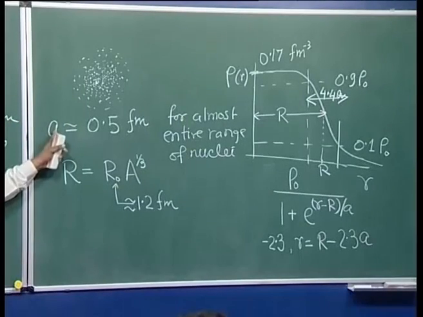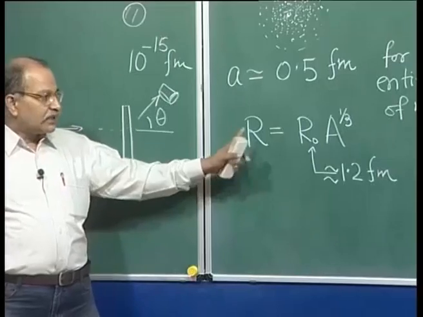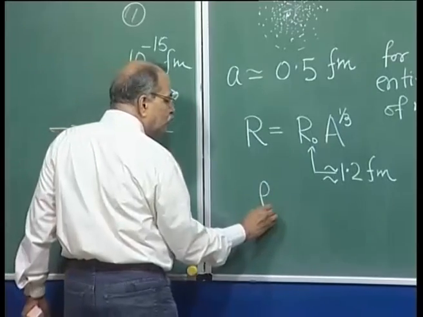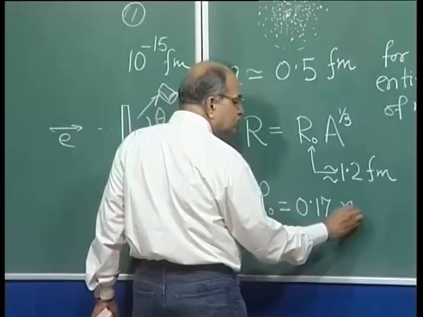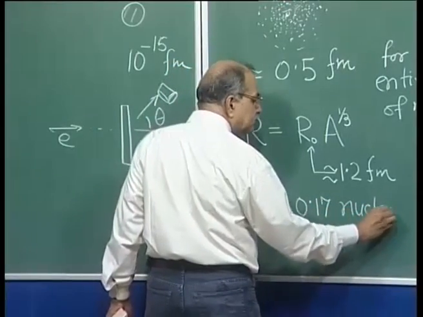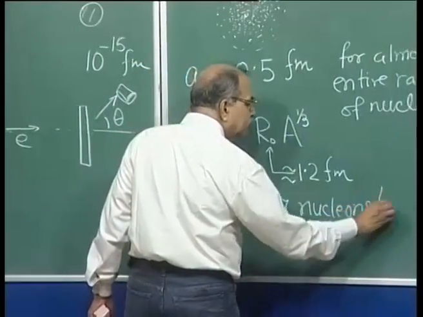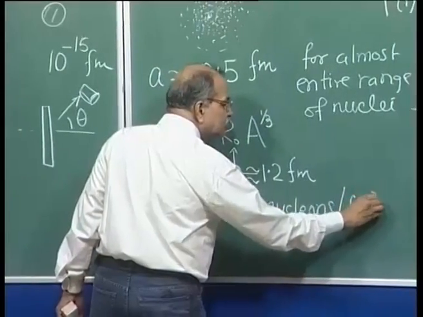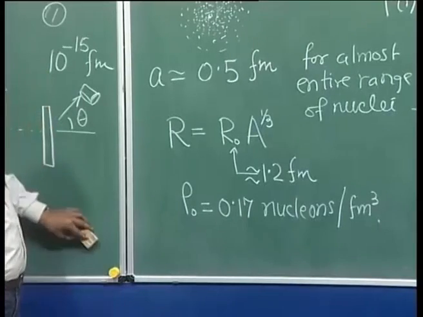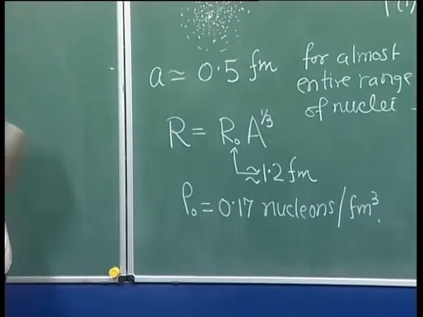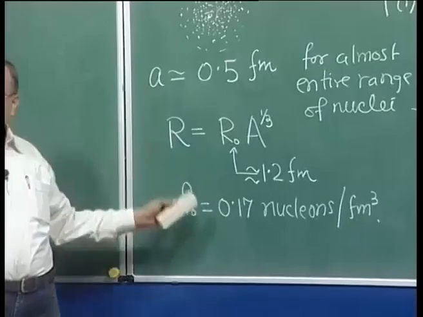So, A is this, R is this, and rho naught is also almost the same, 0.17 nucleons per femtometer cube. So, these are the parameters.